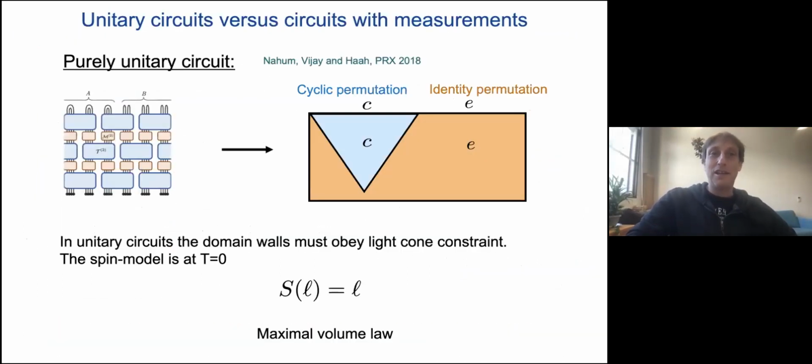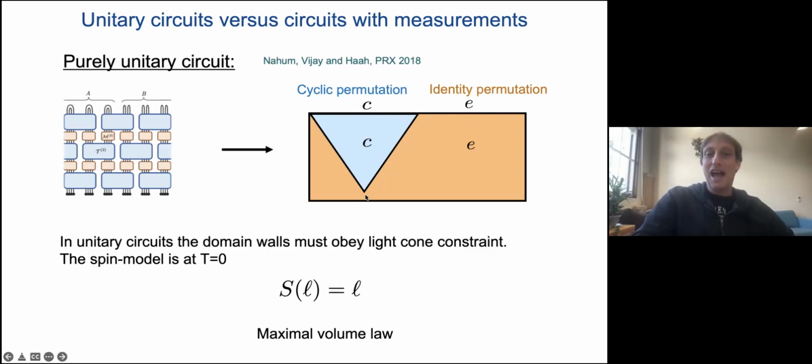But here I was going to say something about the difference between a purely unitary circuit and a circuit with measurements. One can derive this kind of statistical mechanics model, which is much simpler in the case of no measurements, just unitary gates, in which case you force a domain wall between a cyclic permutation and identity permutation, and that domain wall has to follow straight 45-degree angles.